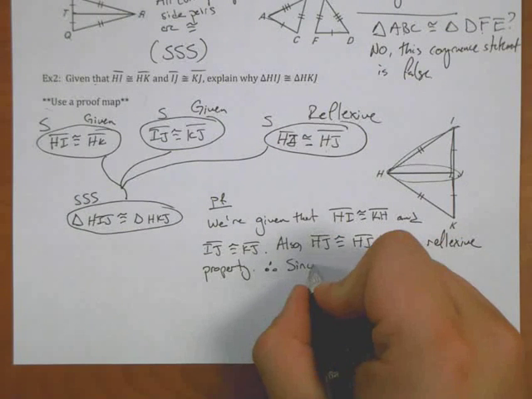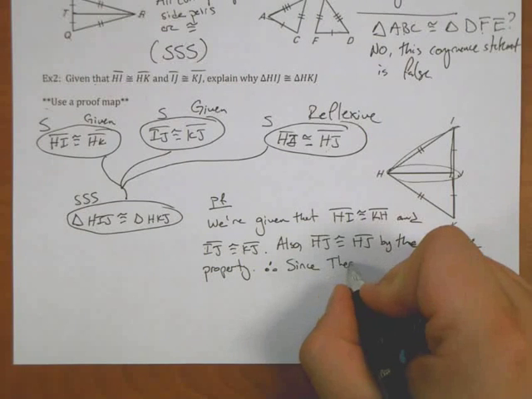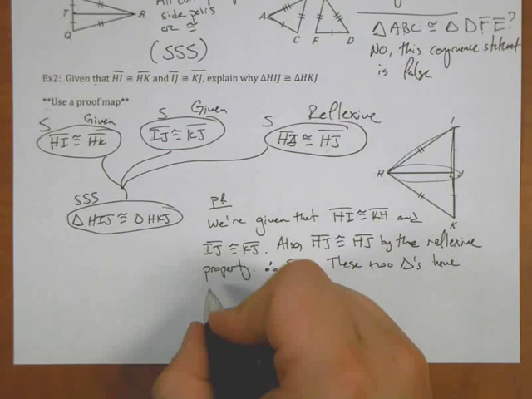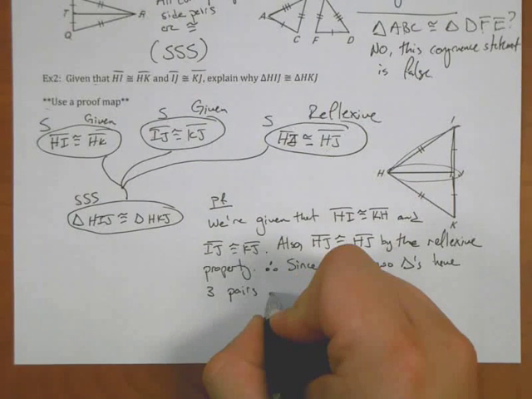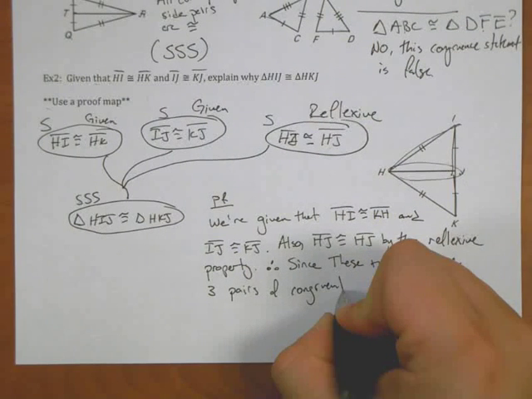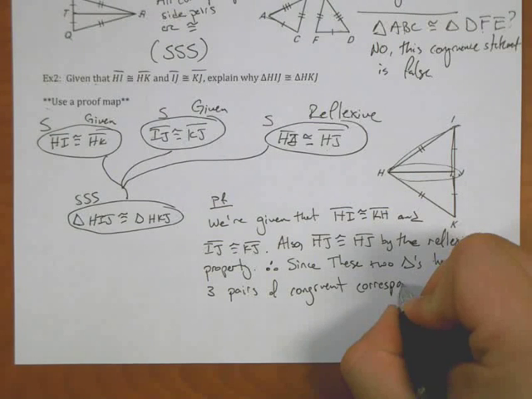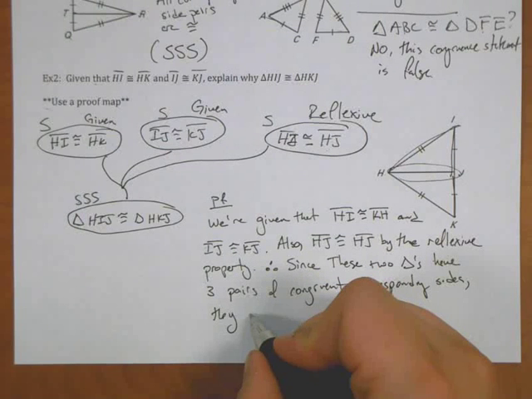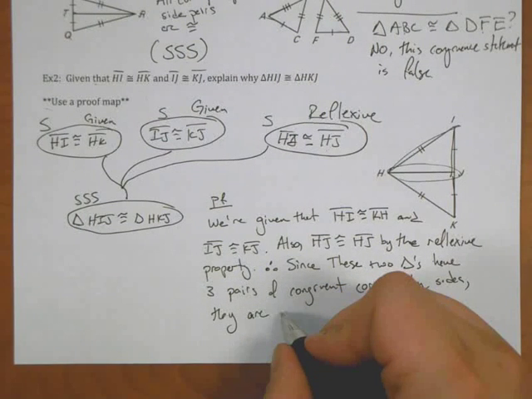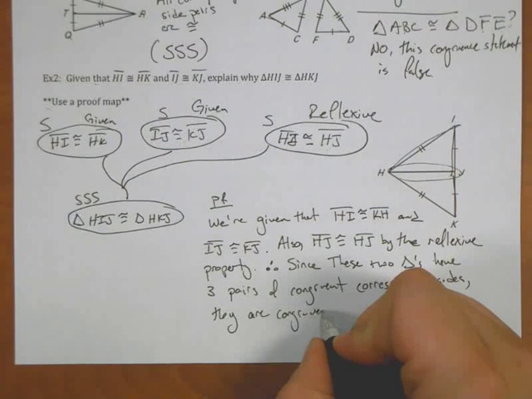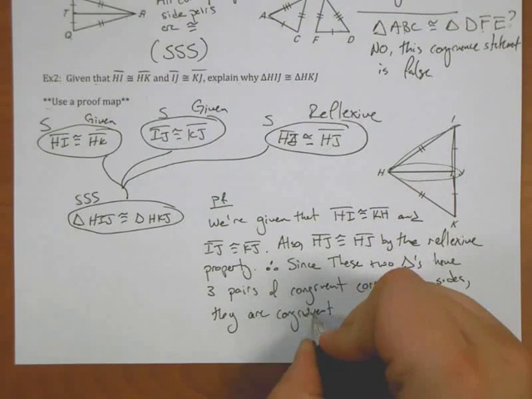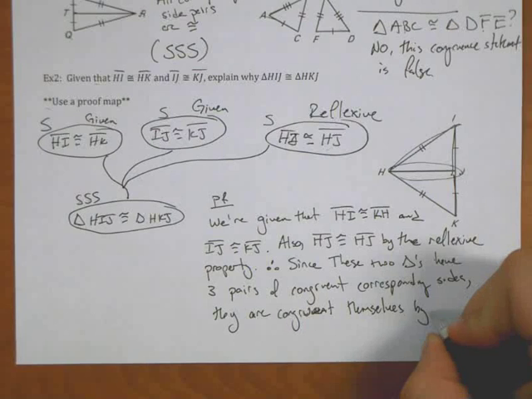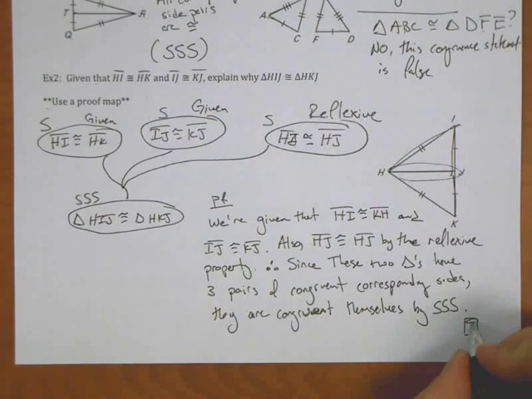Therefore, note the symbol for therefore, since these 2 triangles have 3 pairs of congruent corresponding sides, they are congruent, side by side.